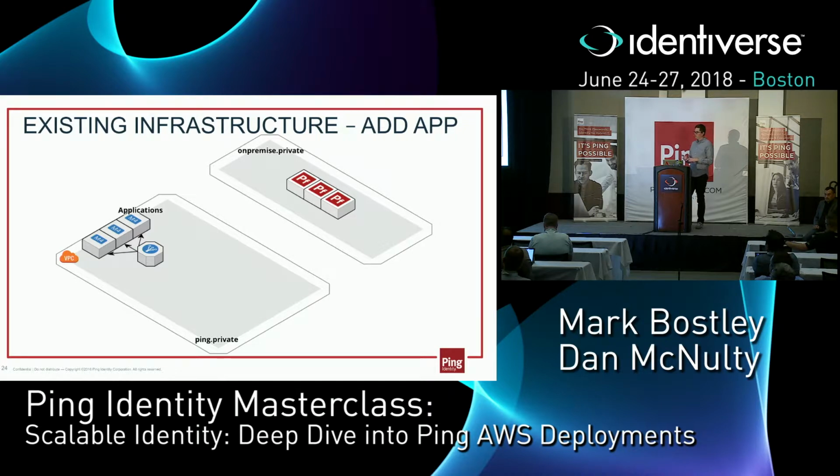You're going to deploy some EC2 instances, some load balancers, anything. Then you're going to want to bridge the gap between those two, the on-premise data center and the virtual private cloud. You're going to set up a VPN to do that. Lastly, you want to serve your applications over the public internet. And part of that is provisioning a publicly resolvable domain name. And here, for this demo, I used ping-demo.com.